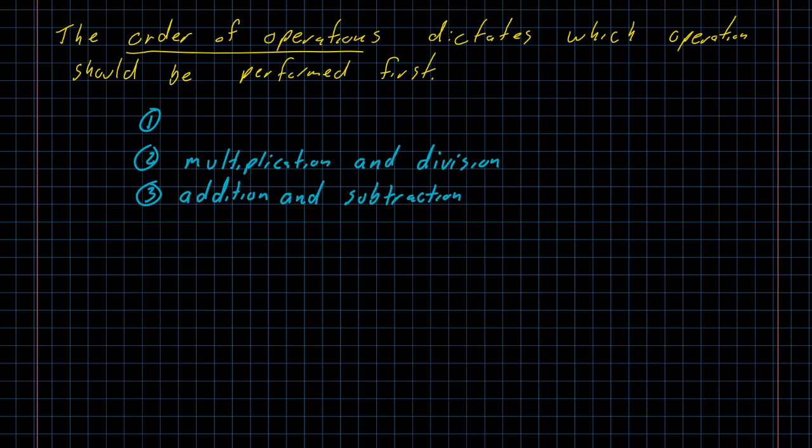Continuing with this theme, though, we have exponents, which are more complicated than multiplication. Exponents are hiding a bunch of multiplication, right? 5 cubed means 5 times 5 times 5. So because exponents are more complicated, they come even earlier.